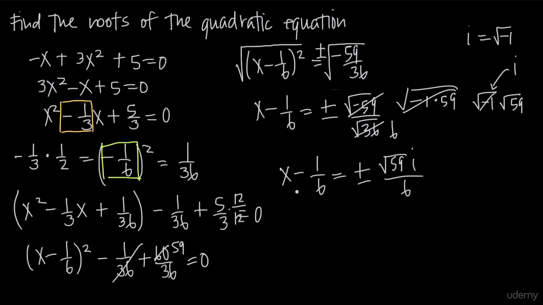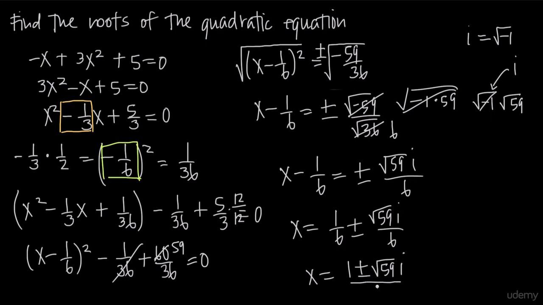Now in order to solve for x, we just go ahead and add 1/6 to both sides in order to get this -1/6 to cancel on the left. So we'll get x is equal to 1/6 plus or minus root 59 i over 6. And because we have a common denominator here, if we want to, we can go ahead and combine these fractions and get x is equal to 1 plus or minus square root 59 times i all over 6.